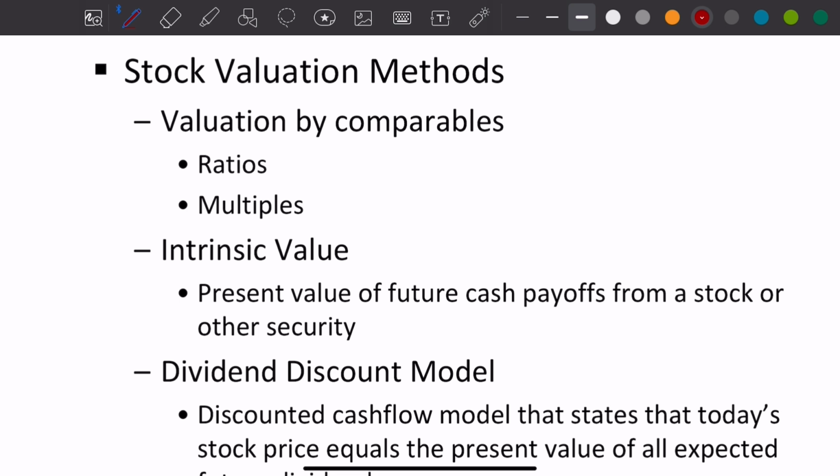One we have already covered in a previous chapter, which is the valuation by comparables. That includes ratios and multiples, and we've covered that, I believe, in chapter 4, if you remember. We did cover it from the perspective of the financial manager, so internally, where the company applies these ratios to measure the company's performance.